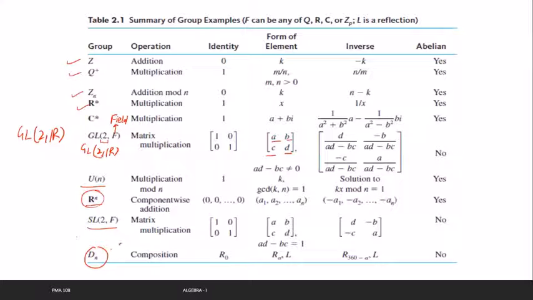If you're curious, you can read about it from the book. I haven't mentioned this group as such. It is also one of the famous categories of groups, dihedral groups, right? You can have a look at what kind of groups these are. It is related to rotations and reflections geometrically. So that's a brief summary.